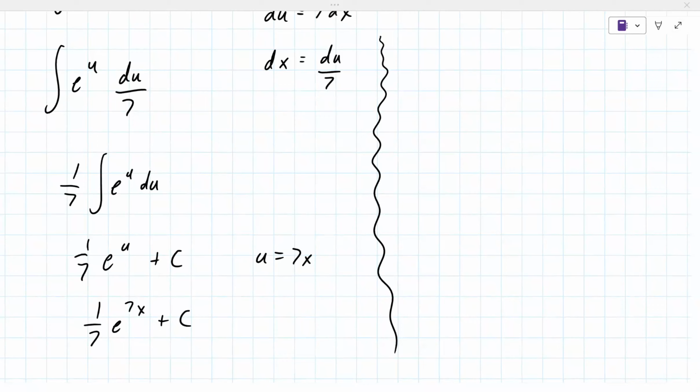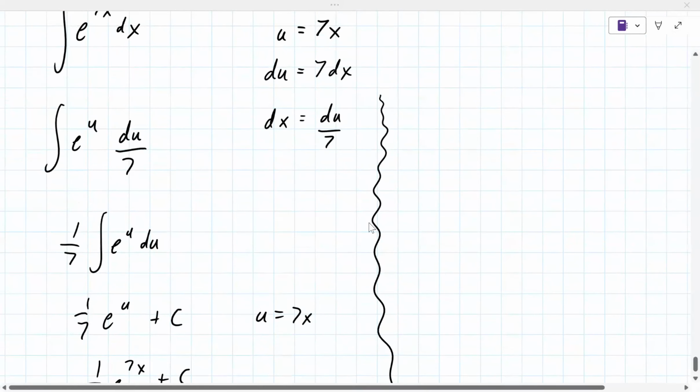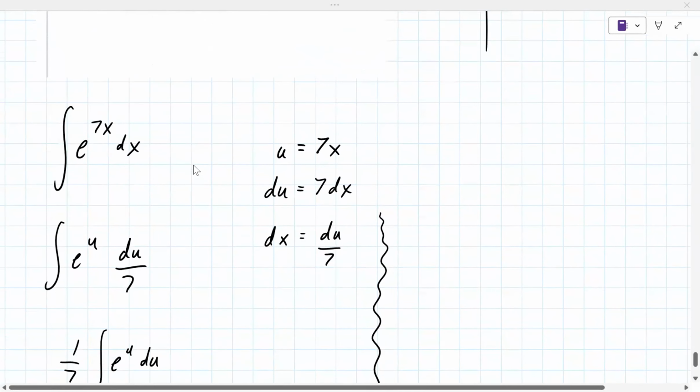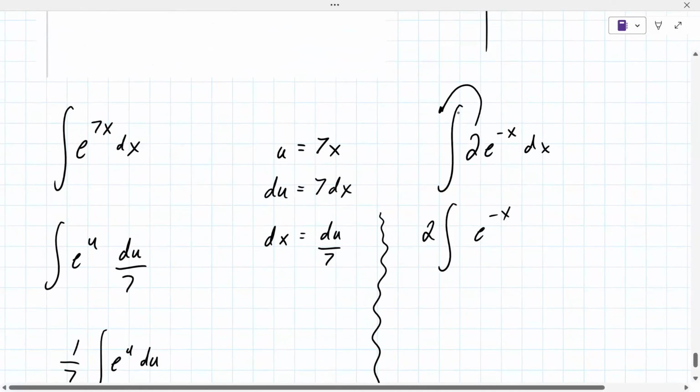And that's only half of the equation, right? Fortunately, that you're right. That is only half of the problem there. So you have to do the rest. So the rest here is 2e to the minus x. So integral 2e to the minus x dx. You can bring that 2 out if you want. So 2 integral e to the minus x dx. Your u is this minus x.